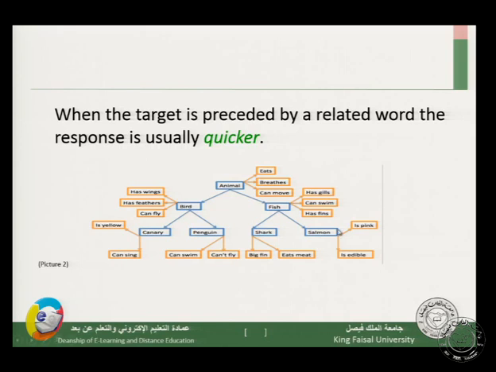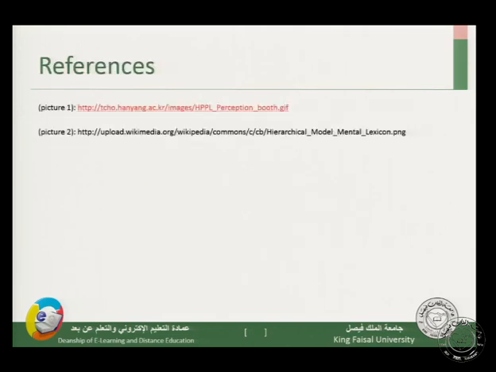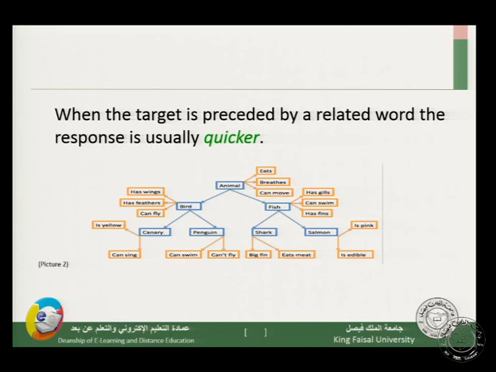Okay? So this tells us how the brain, or how the mind, recalls words. Because if you are given the word shark, then you are given the word fish, it would be quicker for you to decide whether the word fish and shark are related, or whether the word fish is an English word or not.